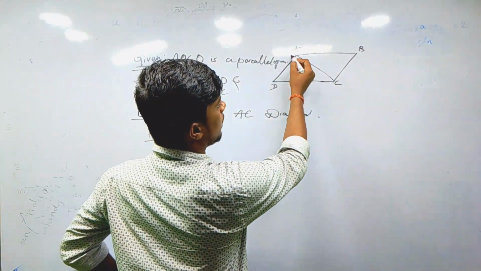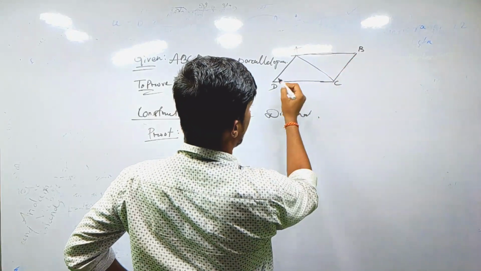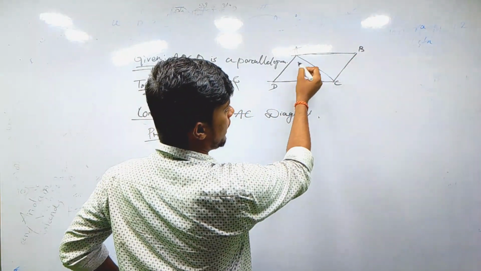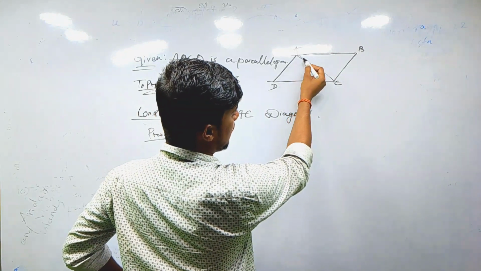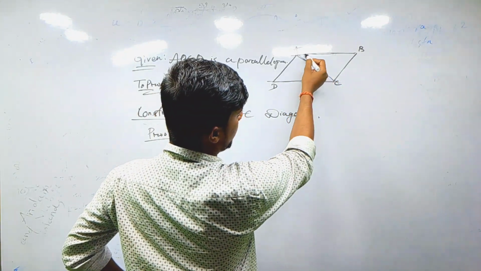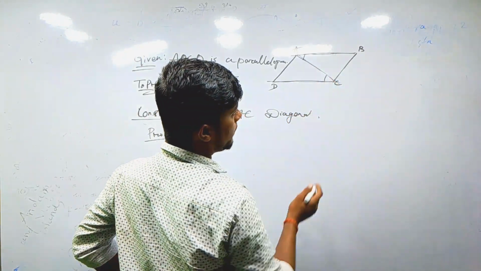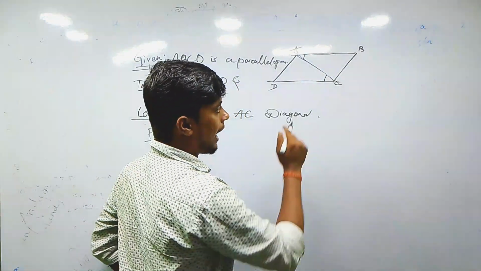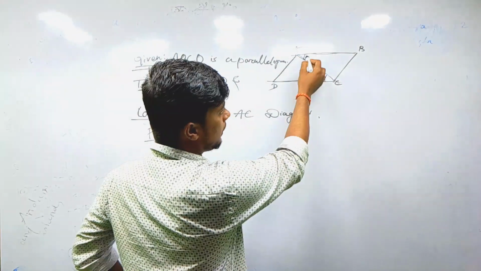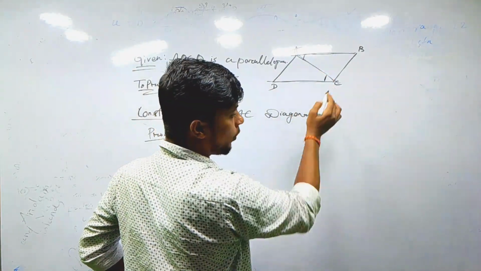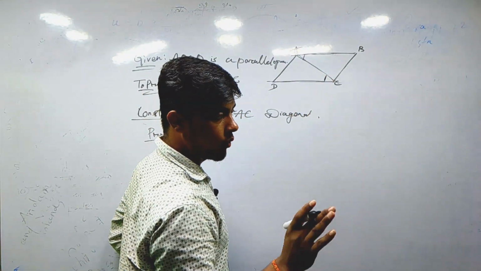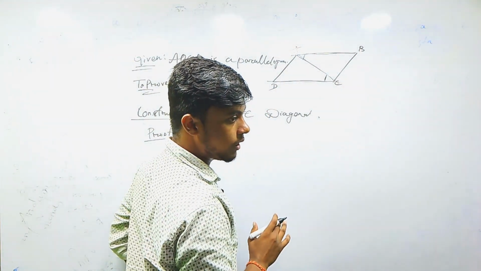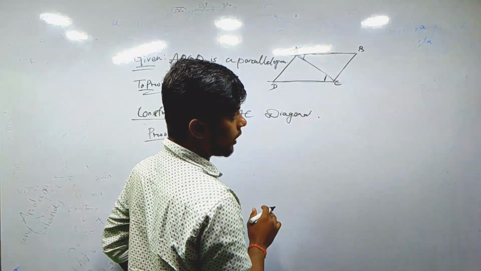Here we can see that AB and CD are parallel, as it is a parallelogram. So AB and CD are parallel, AC is a transversal, then this angle and this angle become alternate interior angles. As these two lines are parallel, these two angles are equal, because if two parallel lines are crossed by a transversal, then their alternate angles are equal.